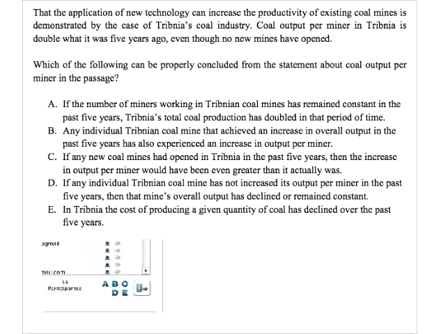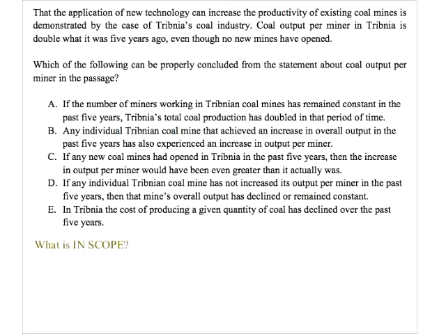What is in scope? What is not? Remember, the questions to ask yourself about this problem type are: what is in scope and what can be proved beyond a reasonable doubt? So let's look at the scope.